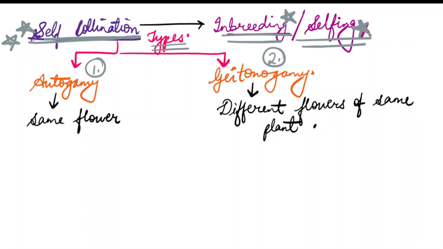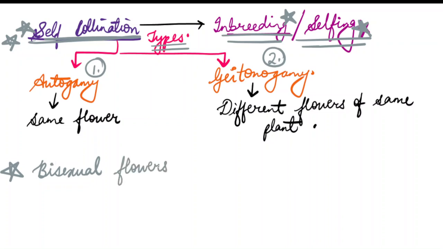Speaking about self pollination, what are the requirements? If self pollination is to occur, then the flowers should be bisexual flowers.